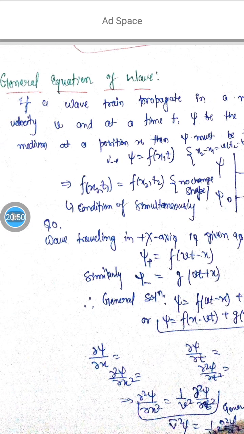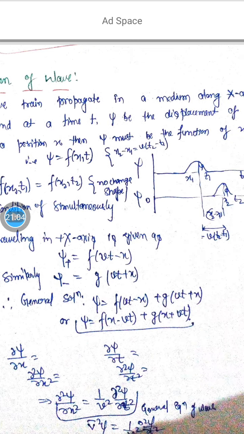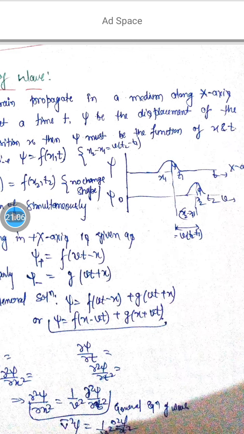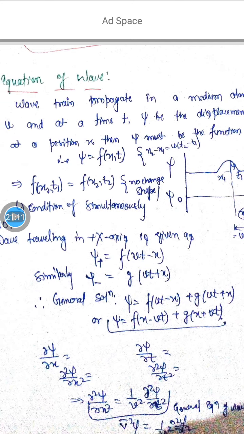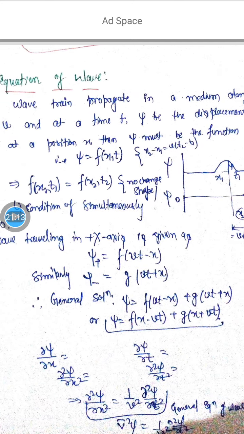When we see two functions which are nearly the same, we must satisfy the condition of no change in shape. So we take the wave function psi with respect to t and with respect to x, and they must be equal because they satisfy that condition.